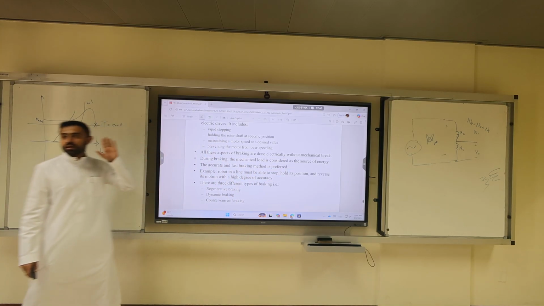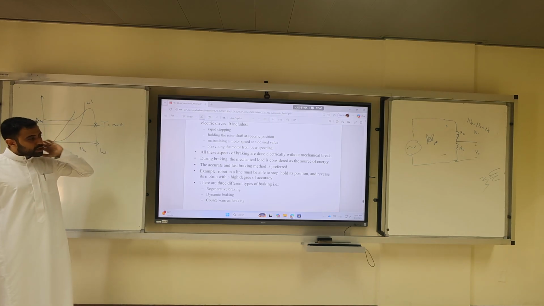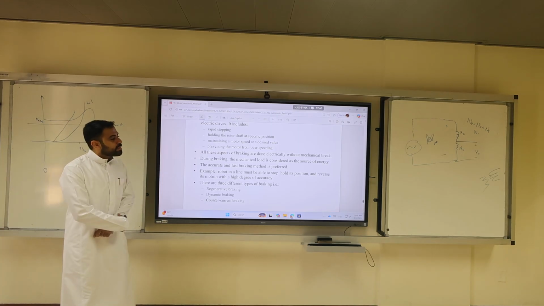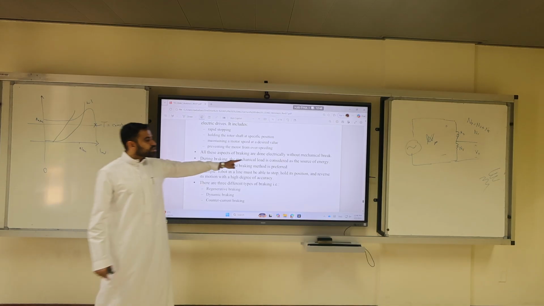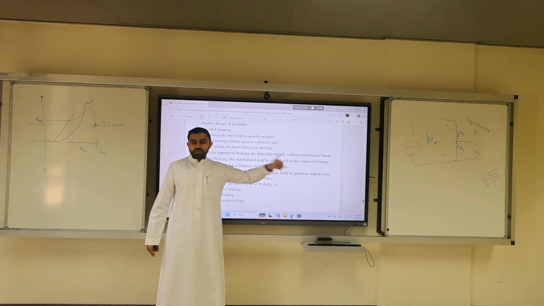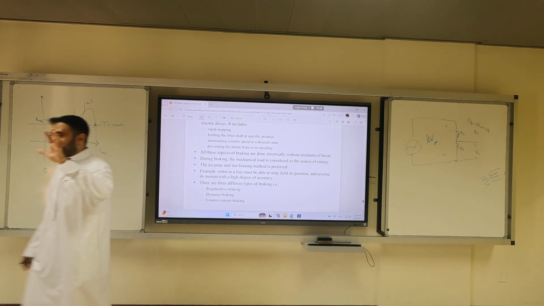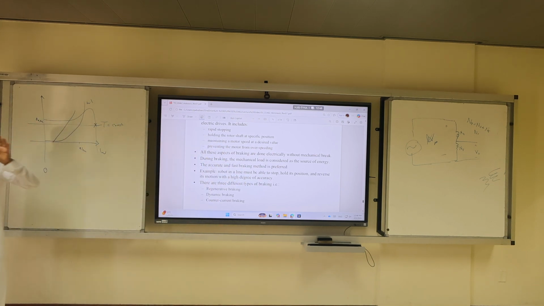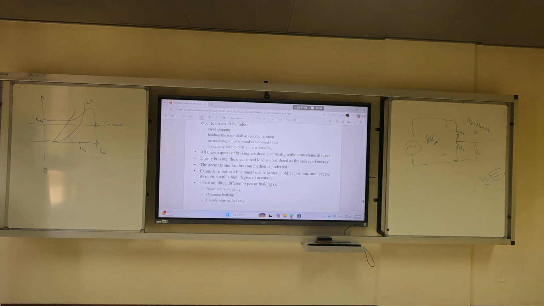During the braking, the mechanical load is considered a source of energy. During this braking mode, your mechanical movement can be used to generate electricity, for regenerative braking, for example.